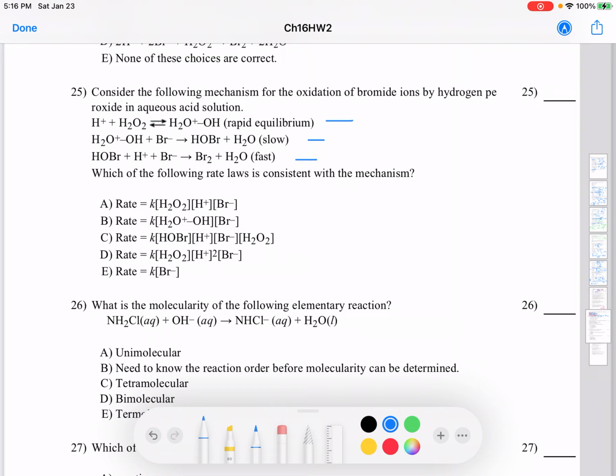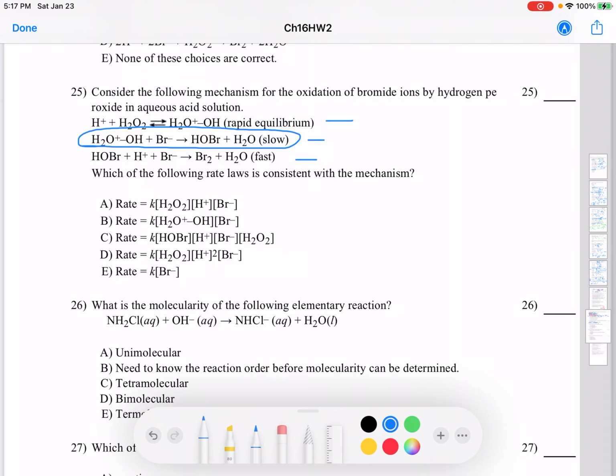Always we talk about that a reaction will have the rate of the slowest of the elementary steps if it involves more than one elementary step, right? So this is the slow step. So the rate determining step would resemble the rate of the slower reaction. So in the slower reaction, we have H2O plus OH minus and Br minus as your reactants.